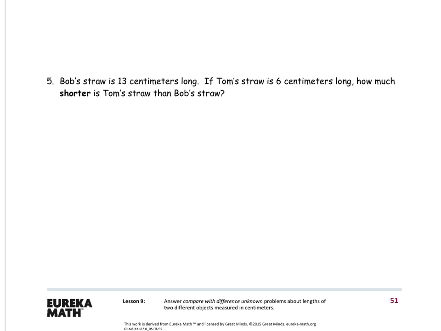Bob's straw is 13 centimeters long. If Tom's straw is 6 centimeters long, how much shorter is Tom's straw than Bob's straw? So my first thing I want to do is get an answer statement in there, or a target sentence, just so I know where I'm going with it.